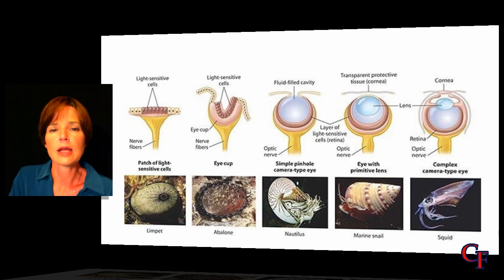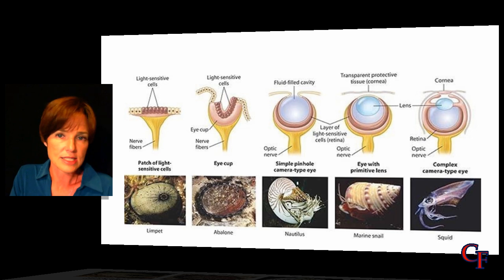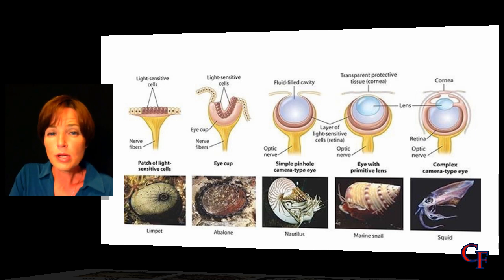So over time, anything that led to that eye being a little more complex perhaps was an octopus that could hunt just a little bit better, or an octopus that could survive just a little bit better. We can look around us in nature and we can also see very simple eye types, and those have remained in nature. So what that tells us is that not every organism needs a complicated eye structure. Sometimes a very simple eye is going to be adequate for an organism to survive.